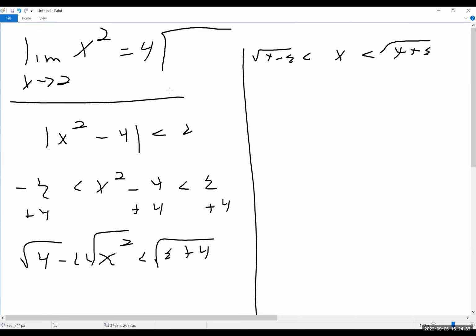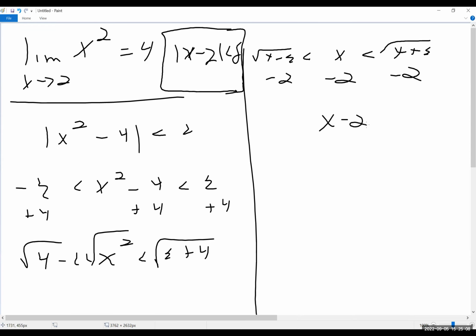Okay. And I've got one more thing to do here, because if you recall, the relationship that I want to start off with in terms of my assumption is that the absolute value of x minus 2 is less than delta, because of this 2 over here on your left. So I'm going to subtract 2 from all sides. Okay, so I've got x minus 2 in the middle.